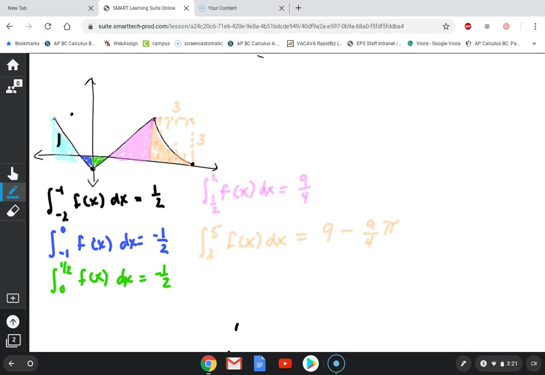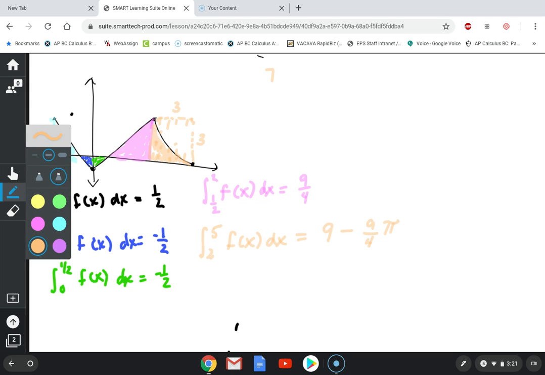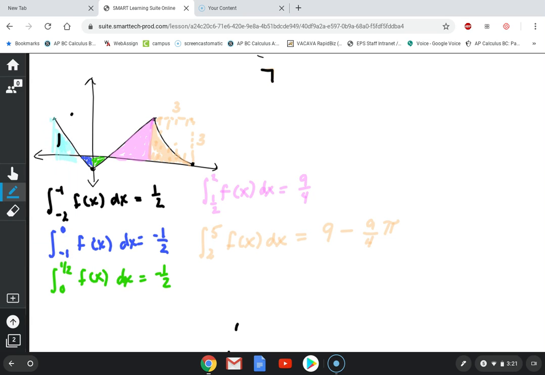So now, if I want to find the area from -6 to -2, the area from -6 to -5 is 7. That was given to me in the original problem. So I now have 7 for the area.